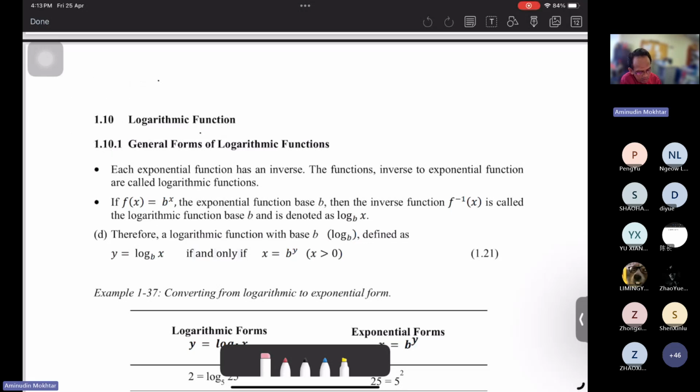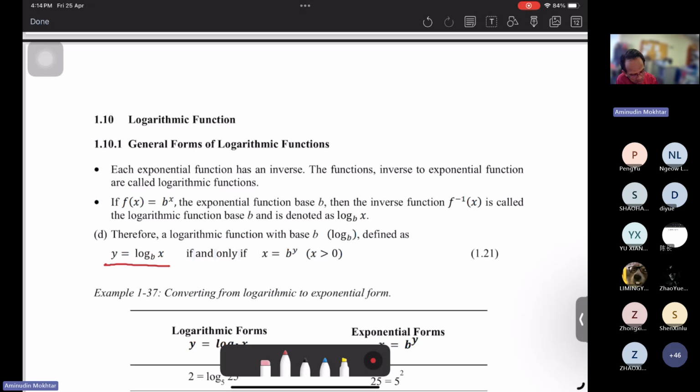Basically, when we're talking about the log function, the general form can be written as y equals log base b of x.